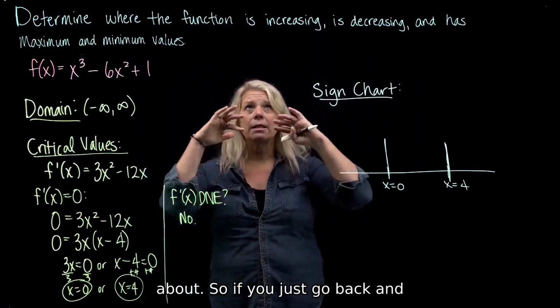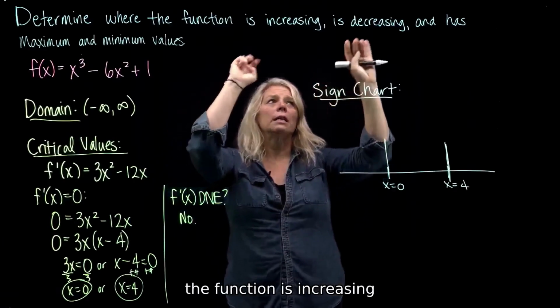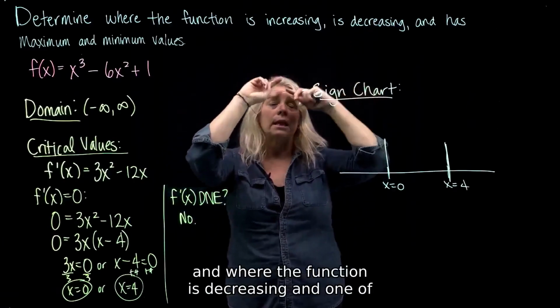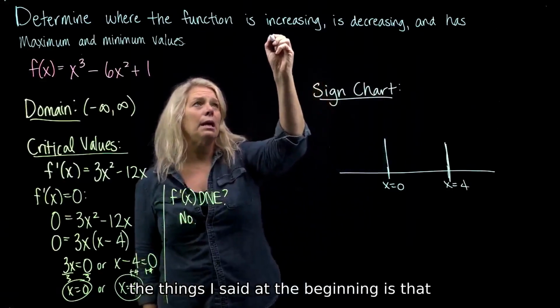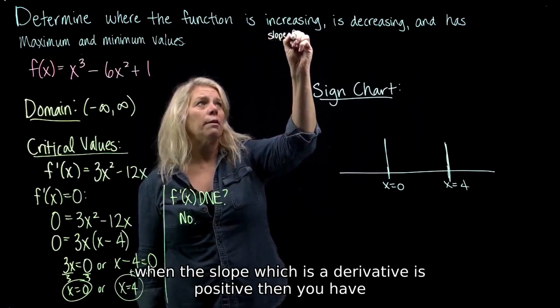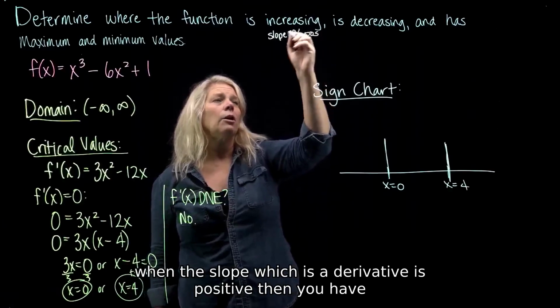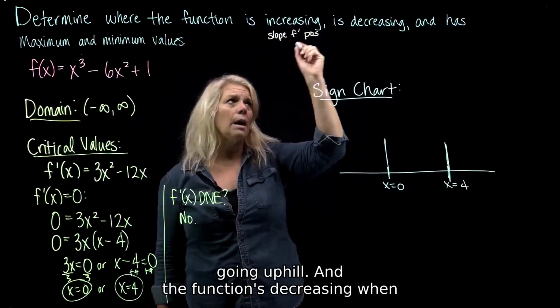If you just go back and think about what we're asking about, we're looking at where the function is increasing and where the function is decreasing. And one of the things I said at the beginning is that when the slope, which is the derivative, is positive, then you have a function that's increasing, going uphill.